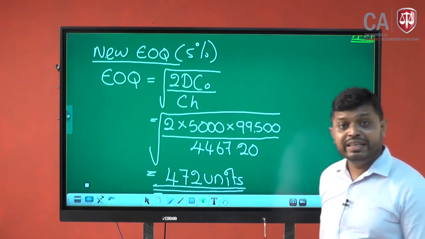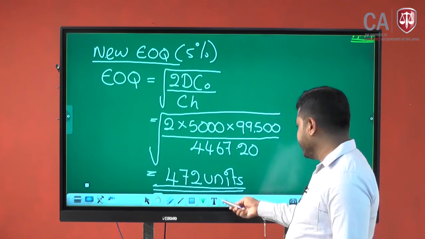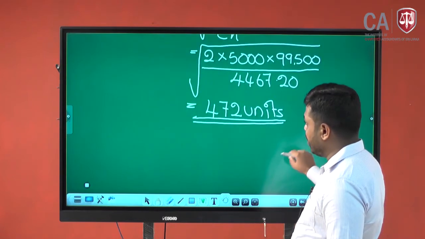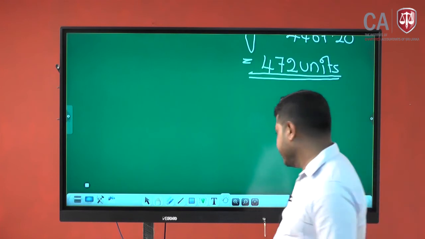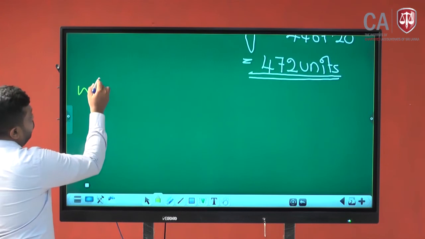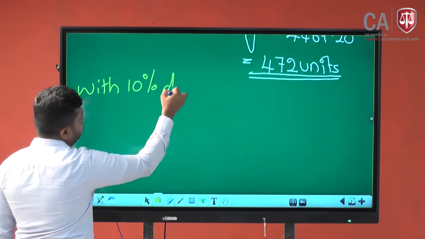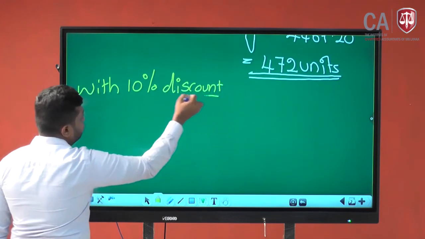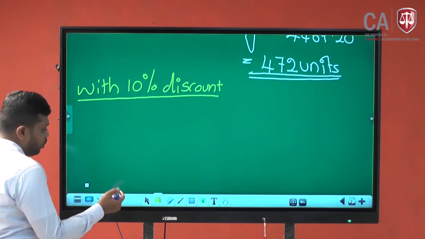If you obtain 10% discount, the holding cost will change. How will it change? Because your purchase cost will change accordingly. Now we will see with 10% discount, holding cost.